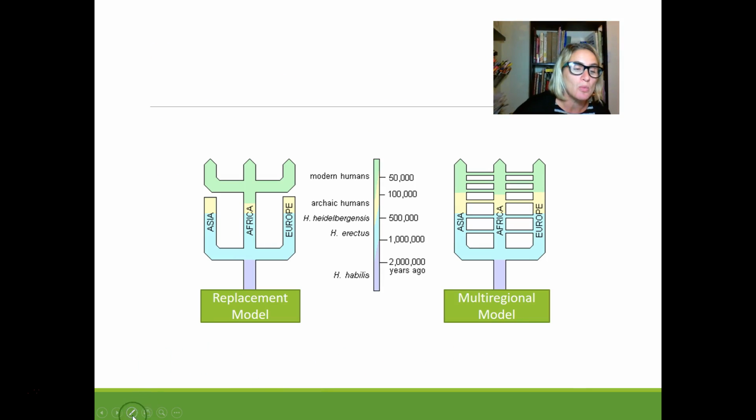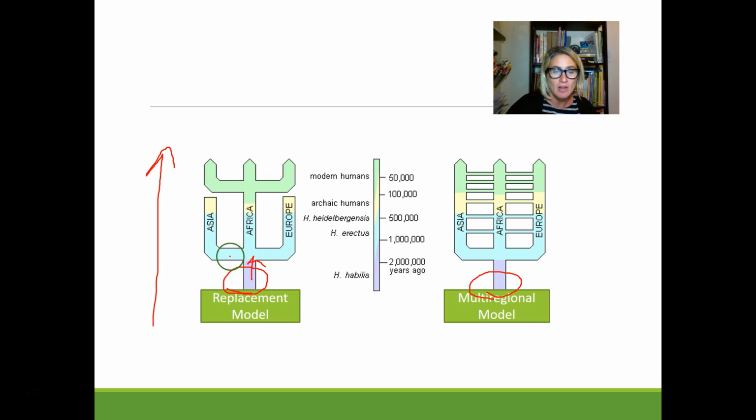So in this picture we have time, again, moving upward from the past to the most recent time. We have this replacement model here, starting with Homo habilis. Both of these start with Homo habilis in Africa, eventually evolving into Homo erectus that then disperses out into Europe and Asia, but also continues in Africa.